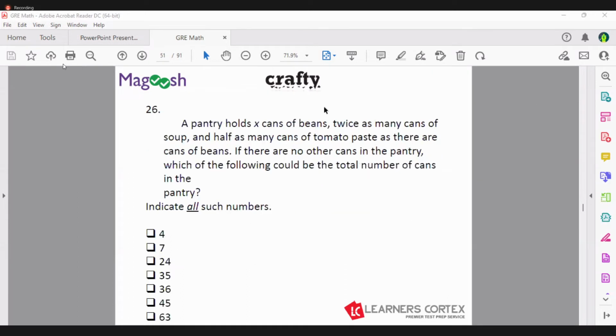Next is a question that I would like you all to try. This is a relatively easy question. I'll set a timer for 1.5 minutes. You can start.